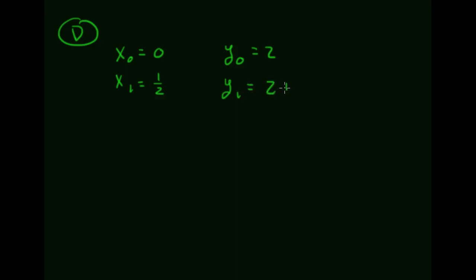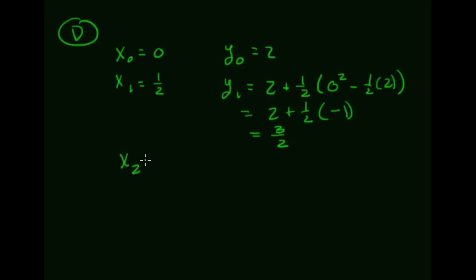So we're going to take 2, and we're going to add the step size of 1/2 times the derivative at 0, 2, which is 0 squared minus 1/2 times 2. So 2 plus 1/2 times negative 1, just 2 minus 1/2, which is 3/2. Alright, so the second step puts me at 1. So we're going to start at 3/2. The step size is 1/2, and then we're going to take the derivative at 1/2, 3/2.